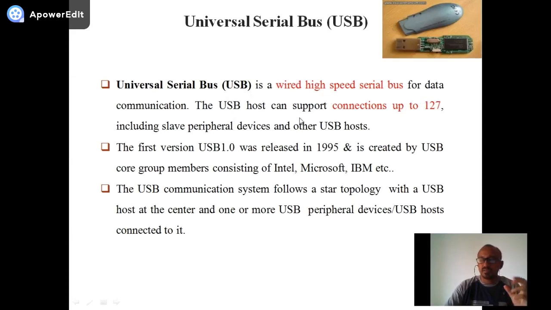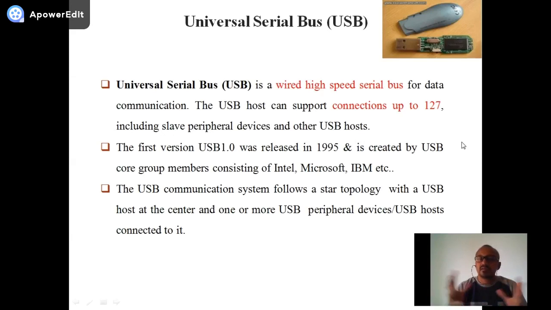The USB host can connect up to 127 peripheral devices and other USB hosts. One host can connect up to 127 different peripheral devices.